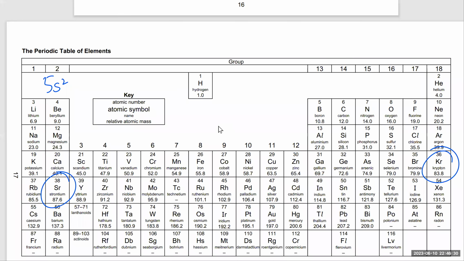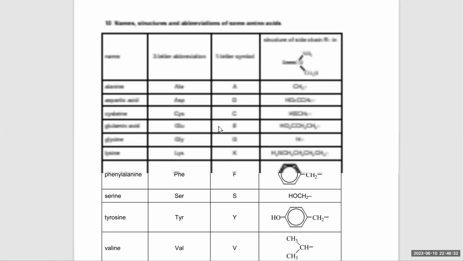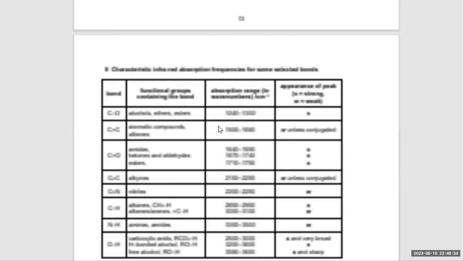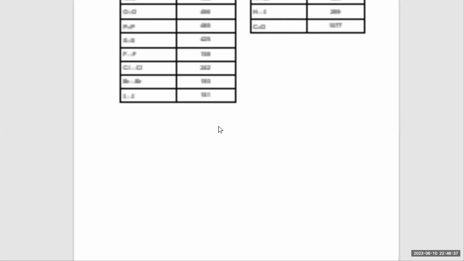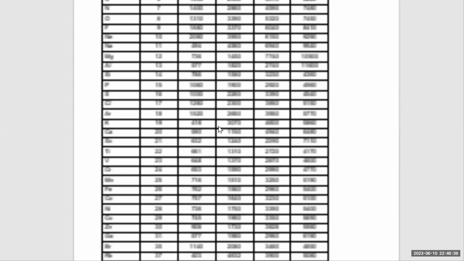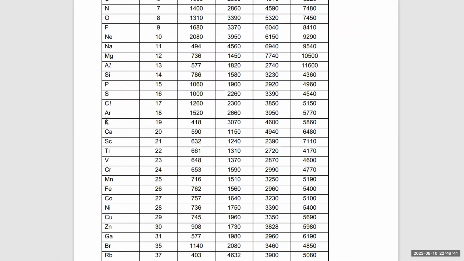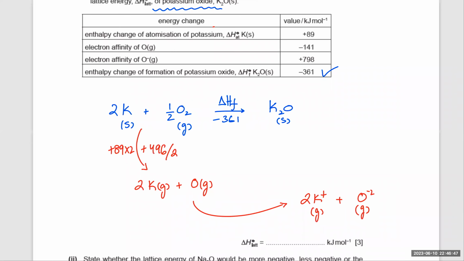These ones are Cambridge questions. The data booklet is given separately. So the ionization energy of potassium is given over here somewhere. It's 418. That's the first ionization energy of potassium, but times 2 because you've got 2 potassiums.